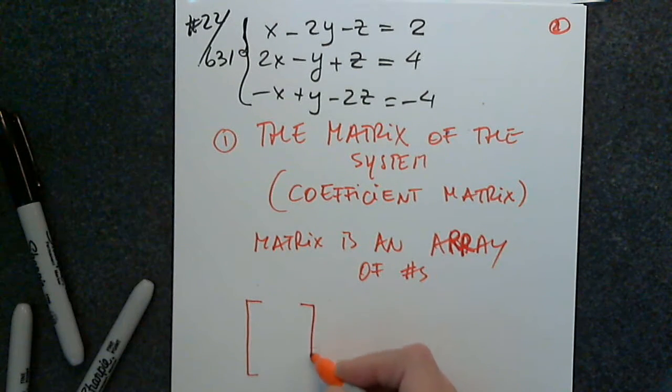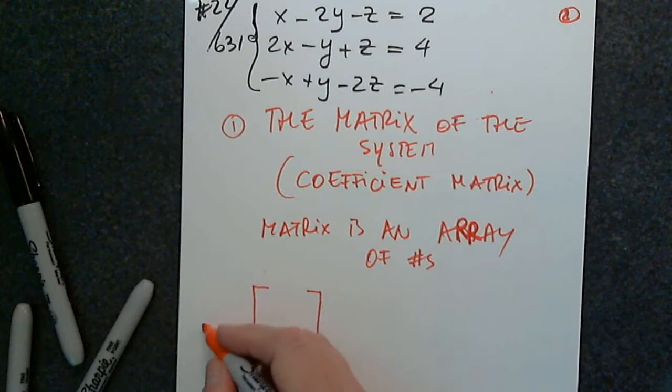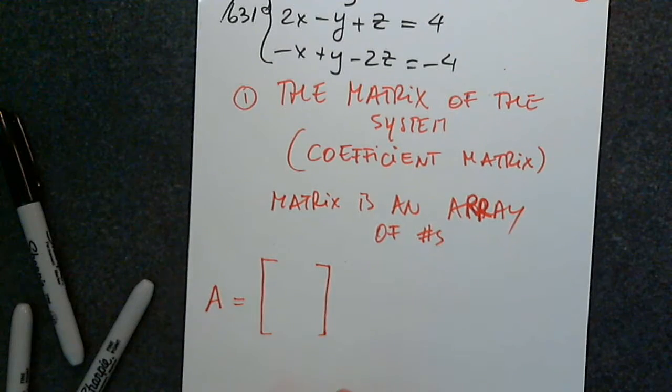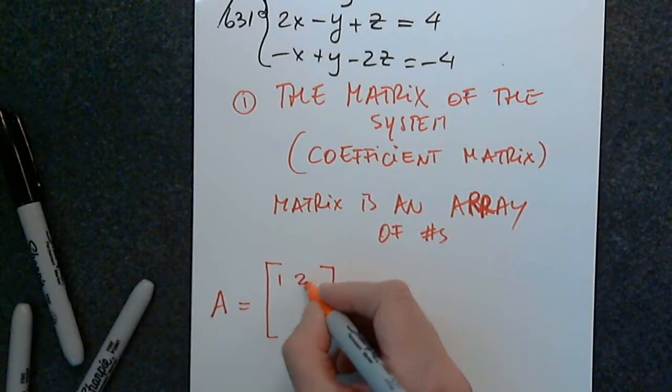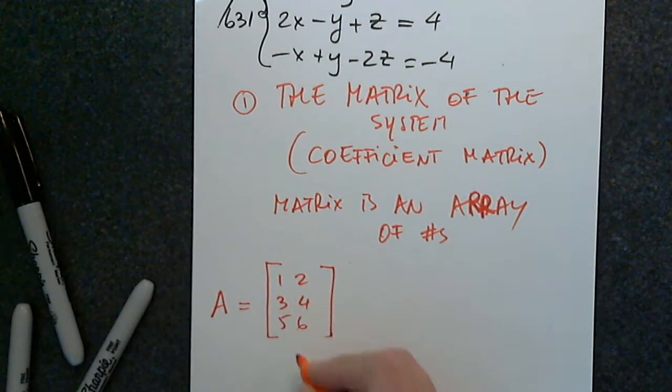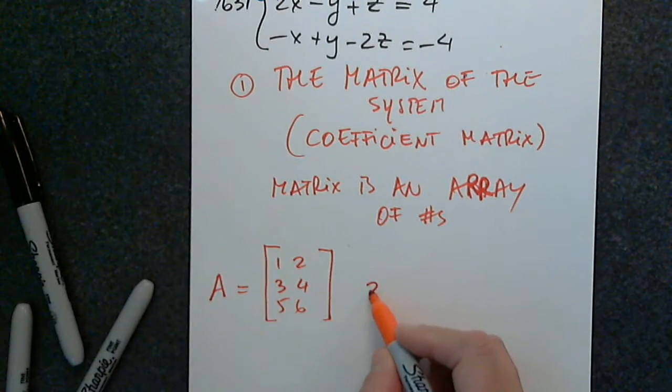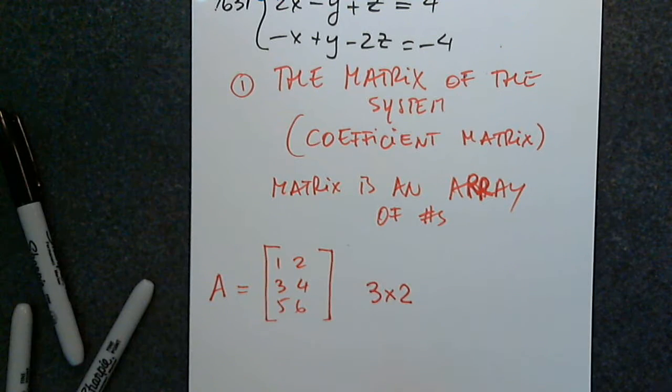We use brackets to represent the matrix, and normally uppercase letters. Not necessarily, sometimes lowercase letters, you will see. So here's a matrix A: 1, 2, 3, 4, 5, 6. This matrix is called 3 by 2. Why?